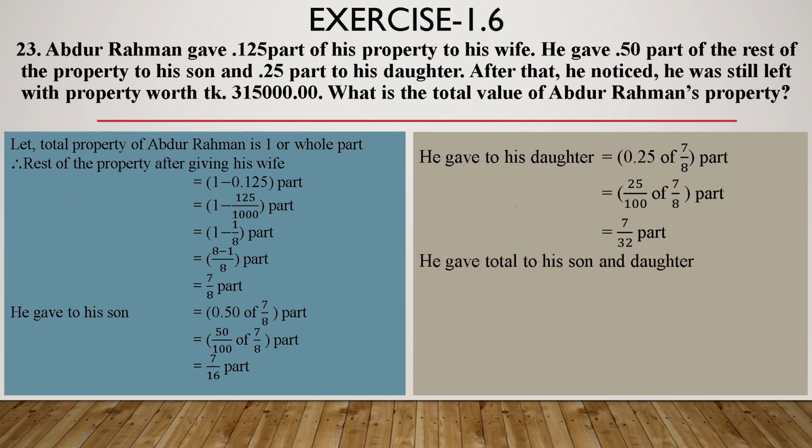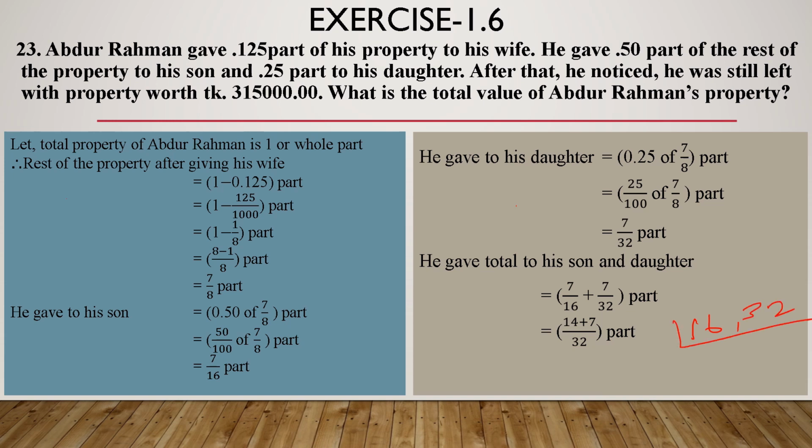Now he gave in total to his son and daughter 7 by 16 plus 7 by 32 part, and we can do the LCM. The LCM of 16 and 32 is 32. How can you get this? I can show you. You can see 16 and 32.